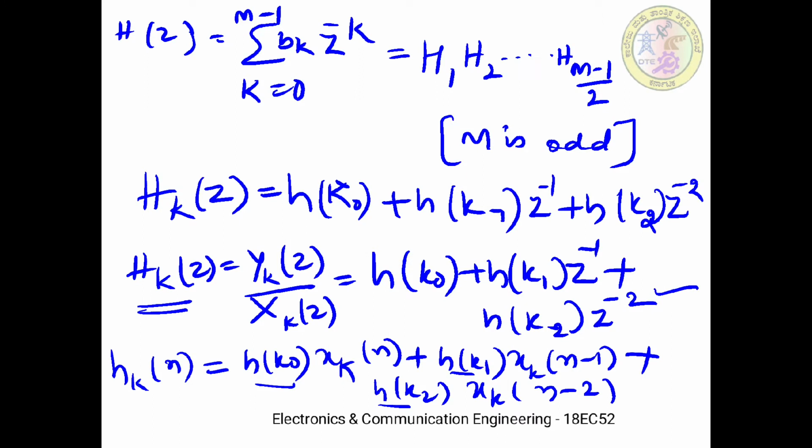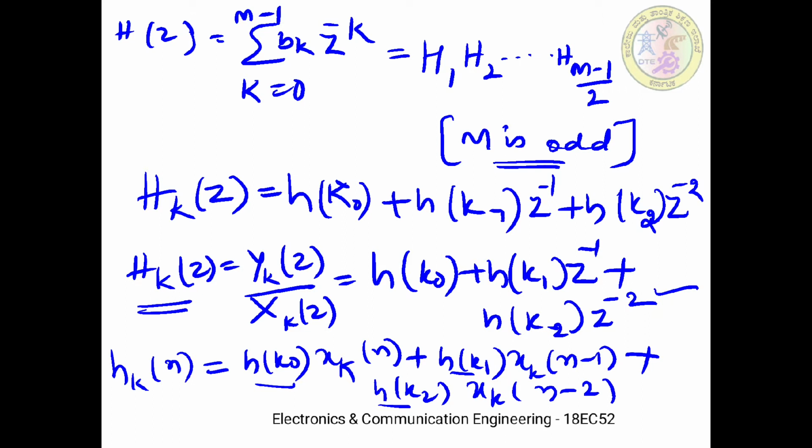This is particularly written for the M odd condition, that is, when the length of the filter is odd. The above difference equation is for an individual stage or individual transfer function, which may be H1, H2, H3 up to H of (M minus 1) by 2.